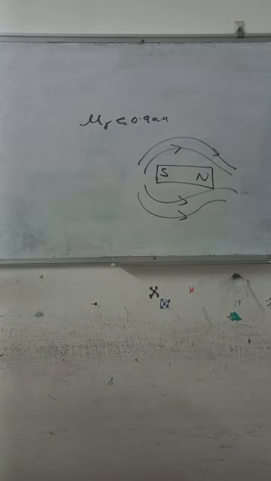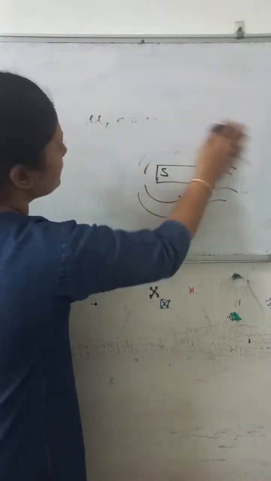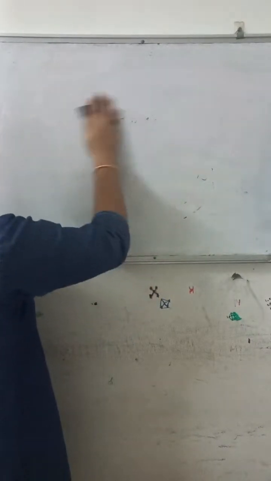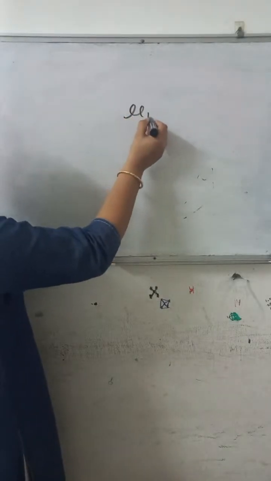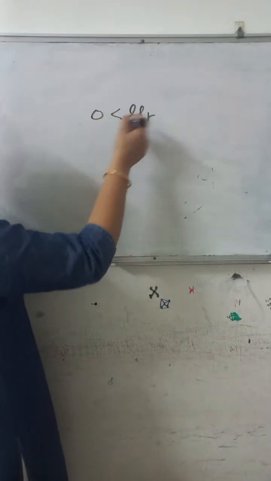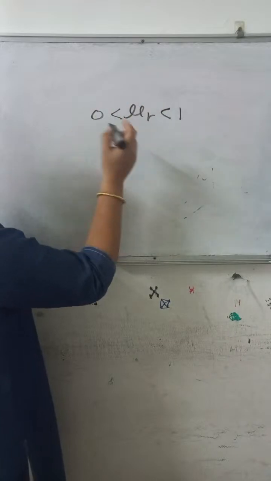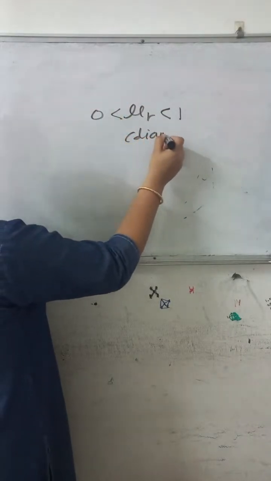They are asking which one of the following has relative magnetic permeability between 0 and 1. Relative permeability between 0 and 1 is always observed in a diamagnetic material, because relative permeability is greater than 0 but less than 1 in a diamagnetic material.